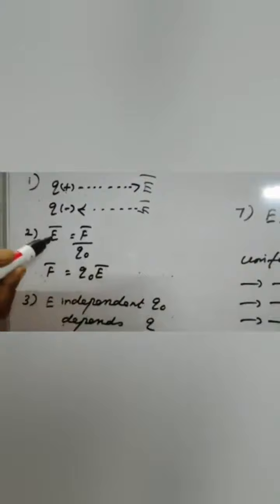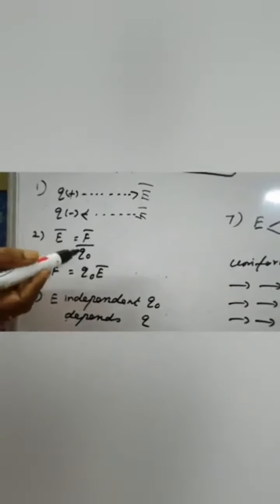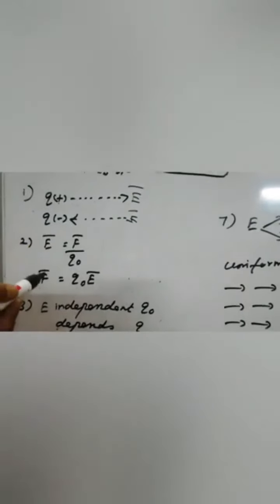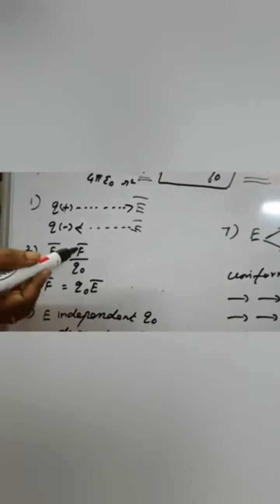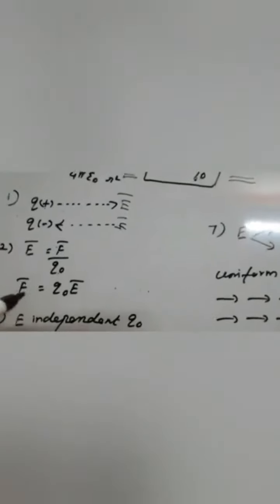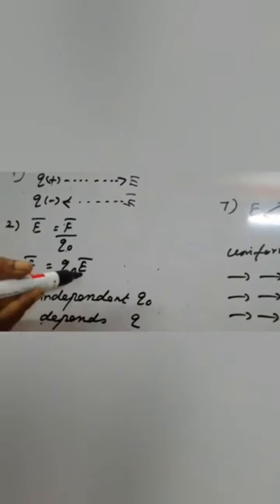Second point: in this electric field some force is experienced, and we have to calculate how much. As we know, E vector equals F vector by Q vector. Therefore, F vector equals Q vector into E vector.